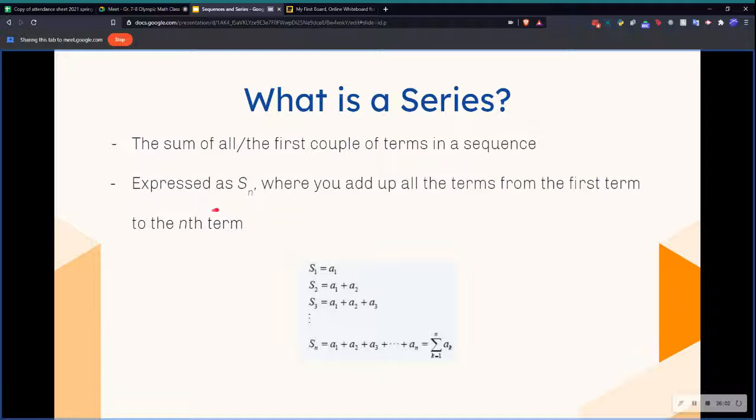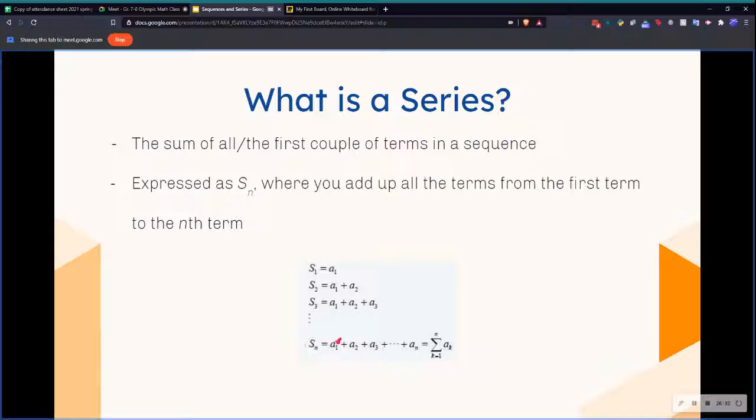And usually a series is expressed using this notation, S of n, S subscript n, where you basically add up all the terms from the first term to the nth term. Add the first term, second term, all the way to the nth term. That's S of n. And if we look back at this diagram, say we take S of 3, you're adding from A of 1 to A of 3.